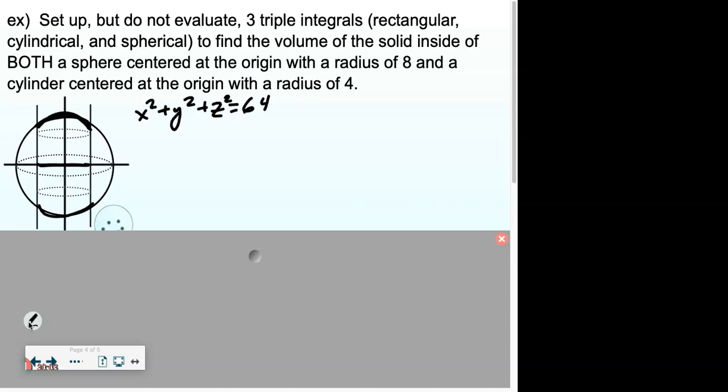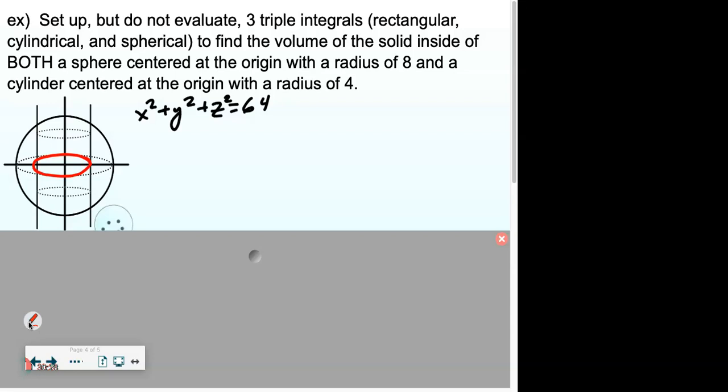All right, let's talk x and y. For the x and y, we don't want to do x squared plus y squared equals 64, because that would give us this circle, which is not what we want. We want to be inside the cylinder, so we need this circle. So how do I find the equation of that circle?